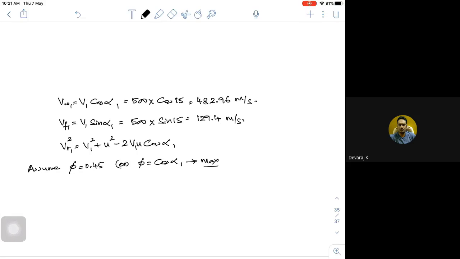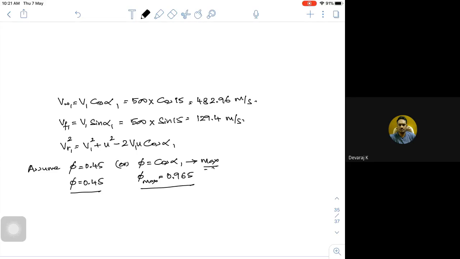The phi max is equal to cos alpha 1, which will be 0.965 or 0.967. When we are designing it, it can never go below 0.5. So if you want to assume this value, it should be anywhere between 0.45 and those values.